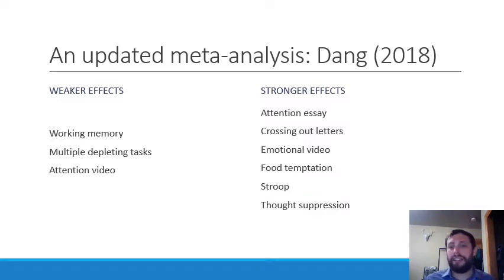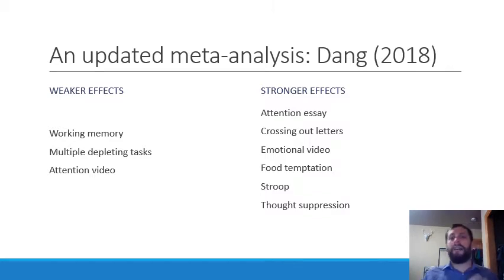And what they did is said, look, maybe there are some places where ego depletion is more apparent than other places. So what they found overall is the weaker effects. They said, okay, look, working memory, multiple depleting tasks, and attention to video, it doesn't seem to be really focusing in on that. So ego depletion doesn't seem to be related to that.